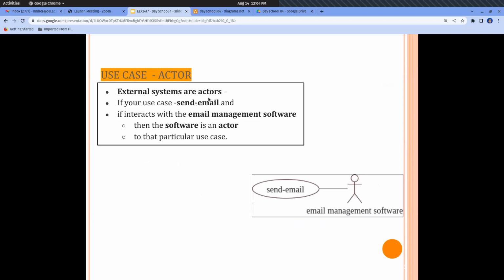External systems are actors. If your use case sends mail and interacts with email management software, then that software is an actor.